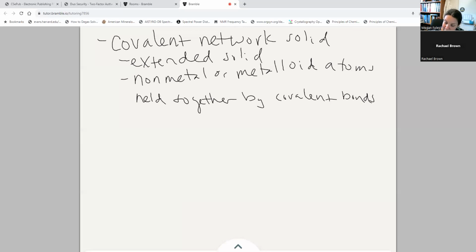Next topic is going to be our unit cells. I'm not going to go too far into this right now because it's a pretty big topic. But unit cells, this is the repeating unit in a crystalline solid.